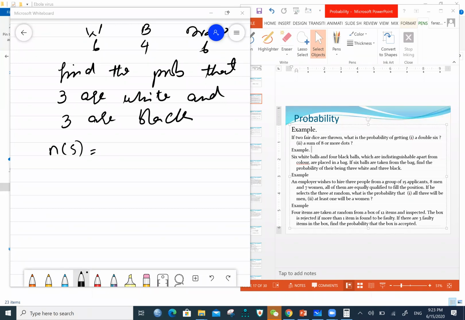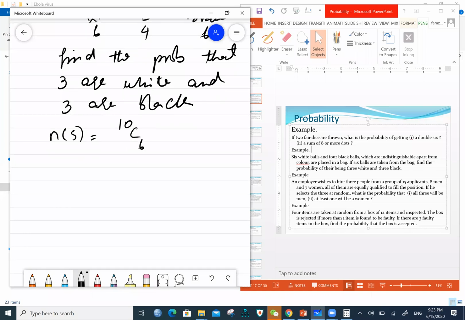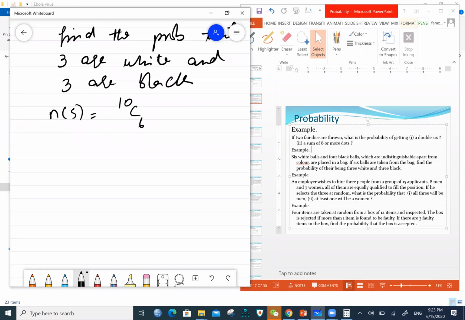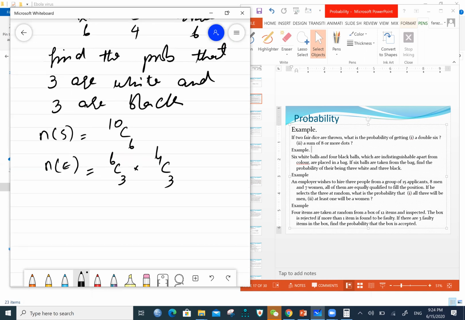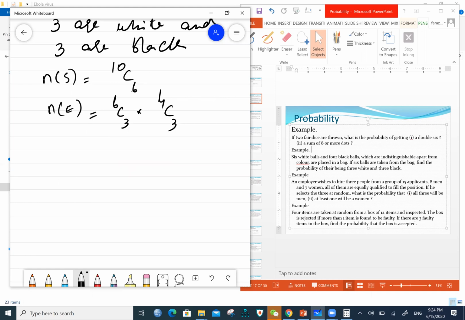So in total, we are selecting 6 balls. There are total 10 balls. Out of 10, we are selecting 6. So this is our sample space. Now we are selecting 3 white and 3 black. So N of E: 3 white will come from 6 white, times 3 black will come from 4 black. So this is the total number of favorable outcomes. So the probability is 6C3 times 4C3 over 10C6.